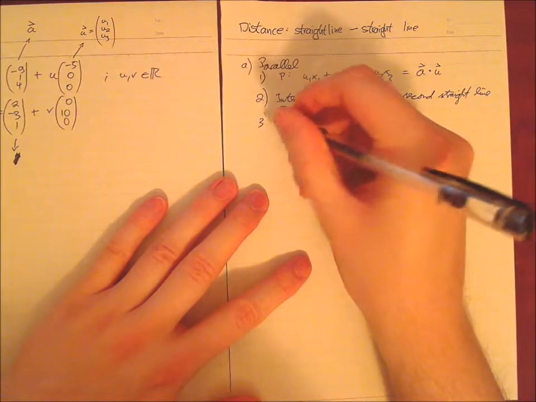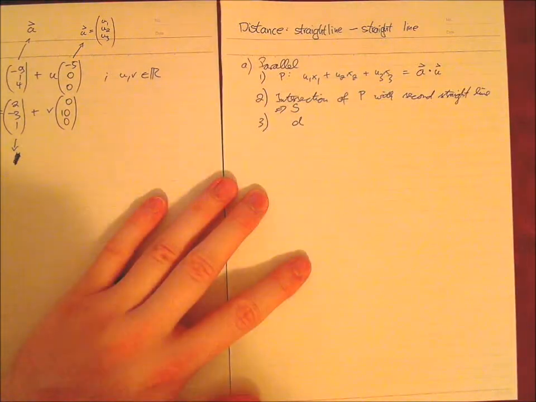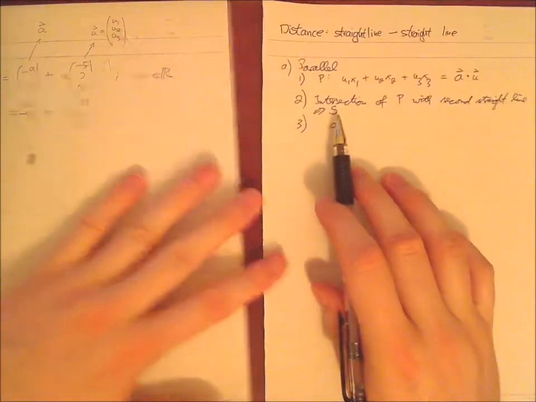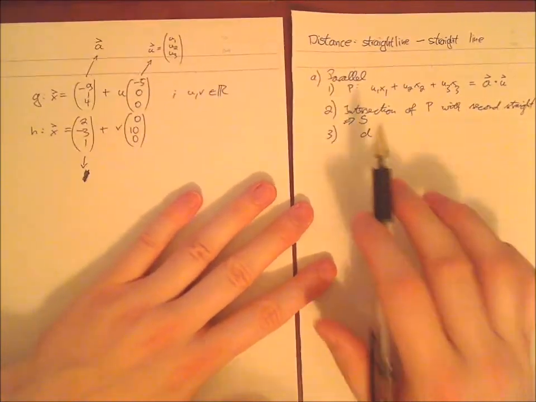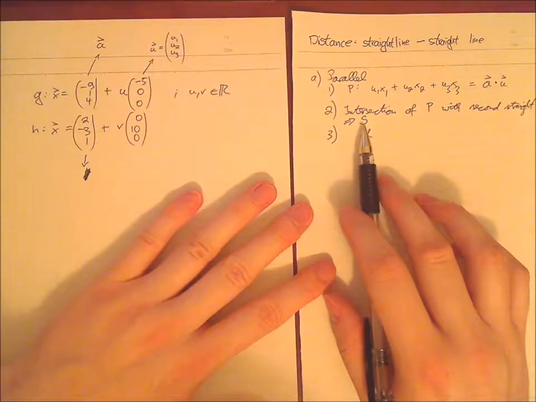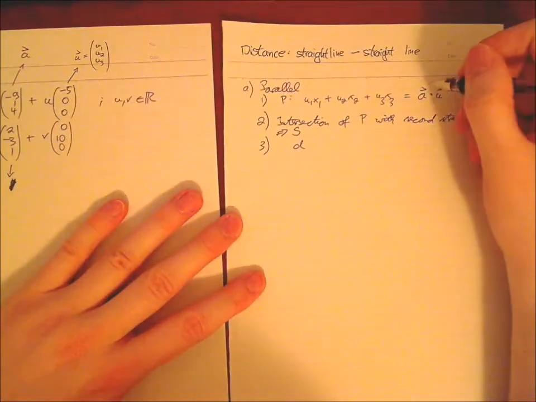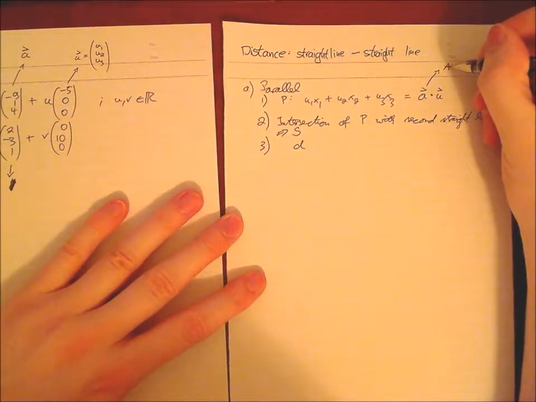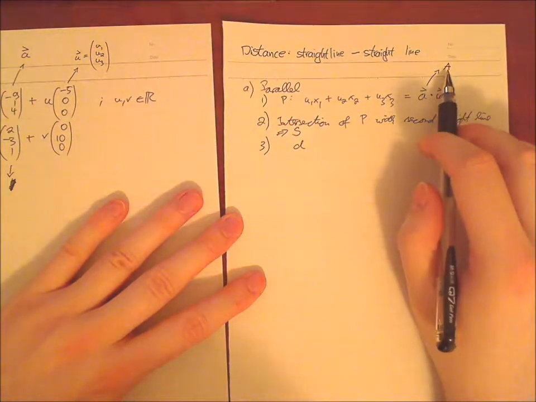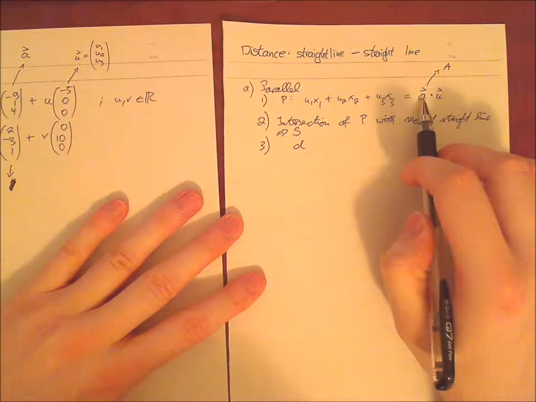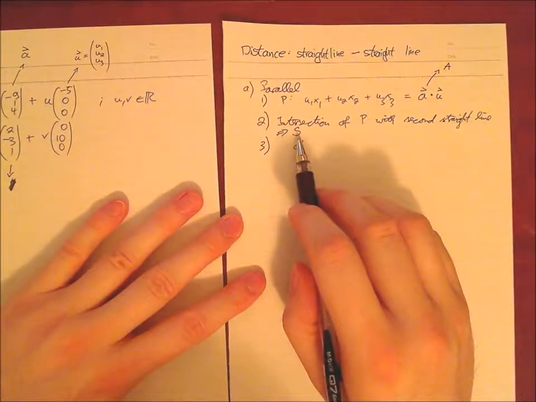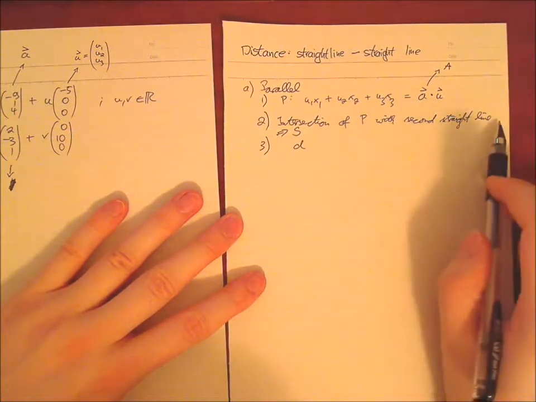And then we can calculate in the third step. We need the point of the first straight line, so we have to keep it, to compare apples to apples, right? So this is S, our intersection point, and A is the vector of point A. This is our support vector of the first straight line, and S is the intersection of P with the second straight line.